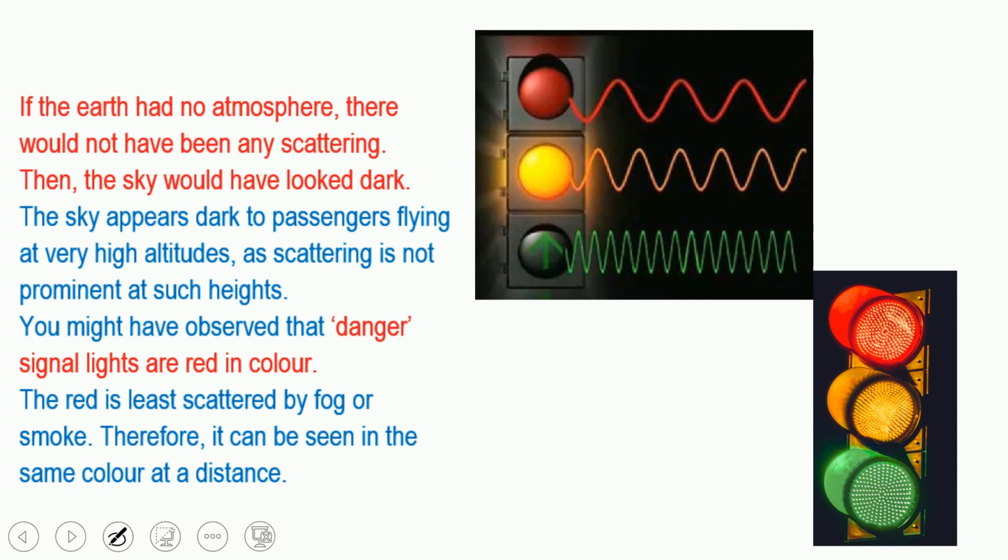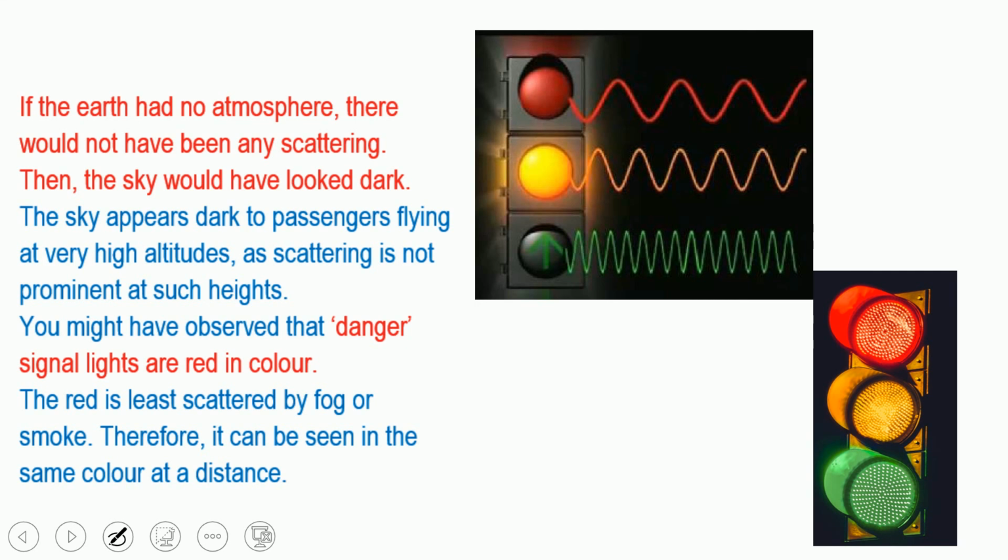Is it violet in color? No. In space there is no particle, therefore there is no scattering, therefore everything will be dark. Even though sunlight passes through space, we cannot see the sunlight there. Why? Because there is no particle to scatter it.